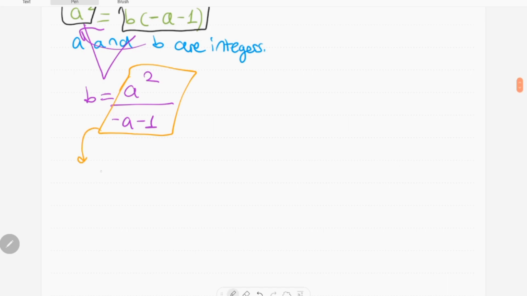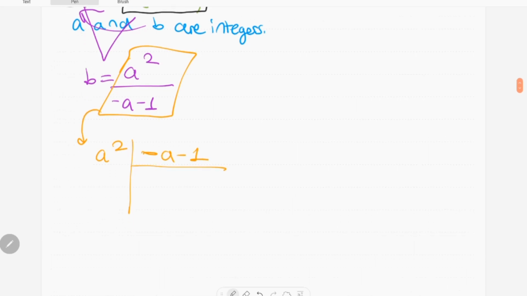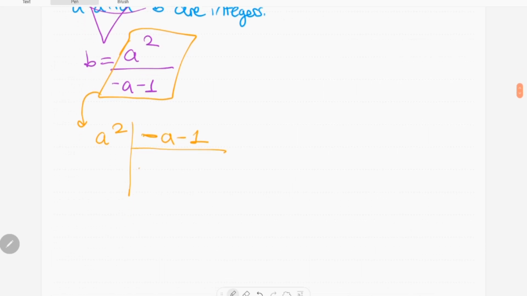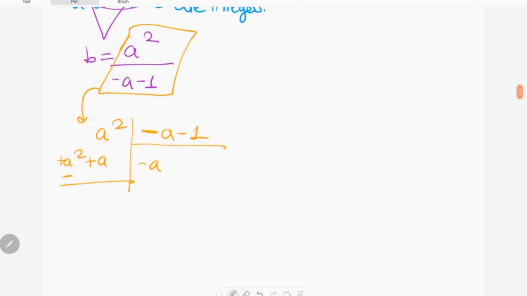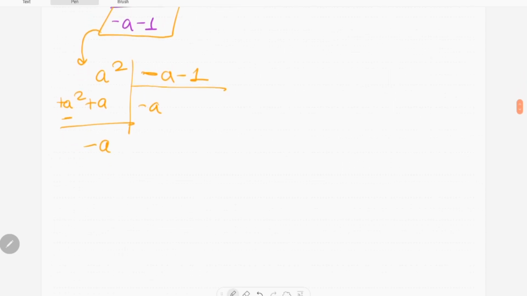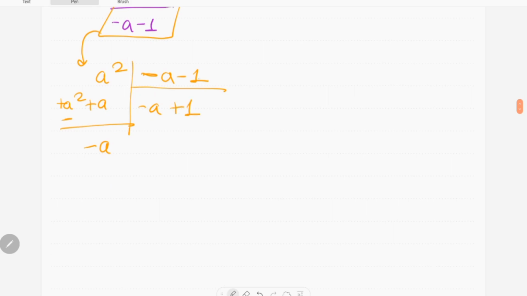So let me do this division. Let me divide a squared by minus a minus 1. We have minus a. So we have minus a remaining. Let me take 1, and I got minus a gone.